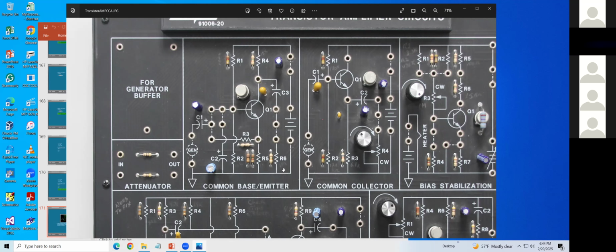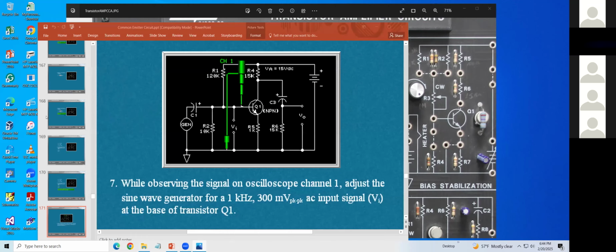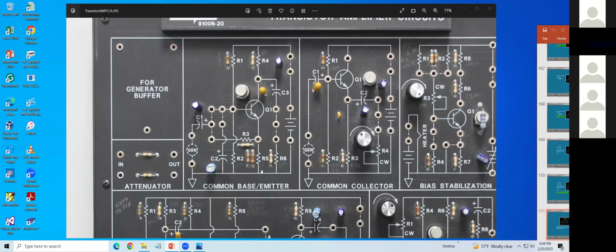However, you can see this one tells you what's going on: connect generator. You can see the difference. In the lab you run, they're not telling you how to make the connection.